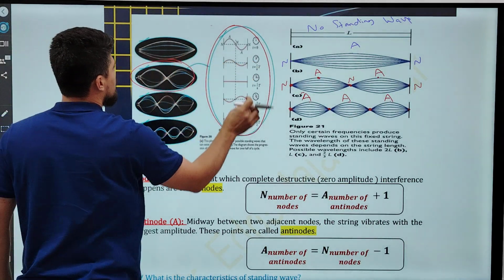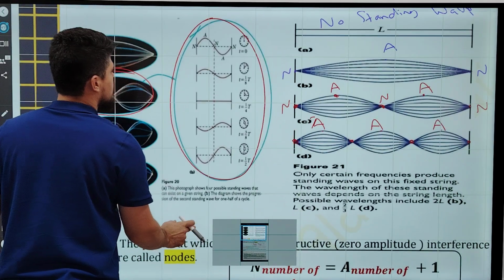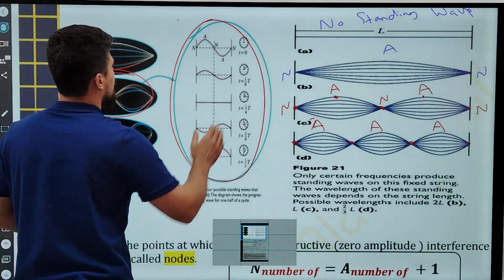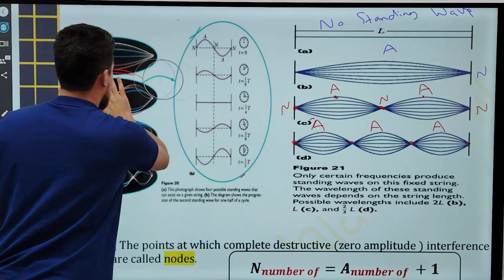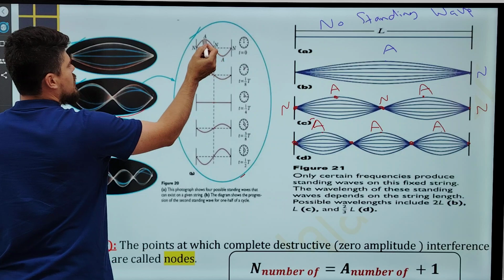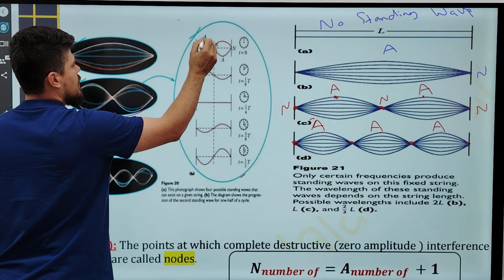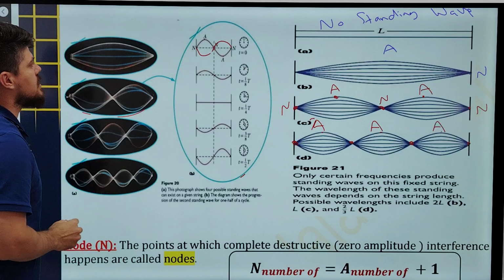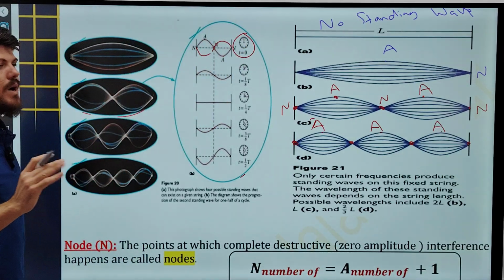When the time is 0, look at this figure. It's very important, please listen carefully. Okay, this is the second standing wave. We have 2 antinodes and 3 nodes. When the time is equal to 0, the amplitude has maximum value.